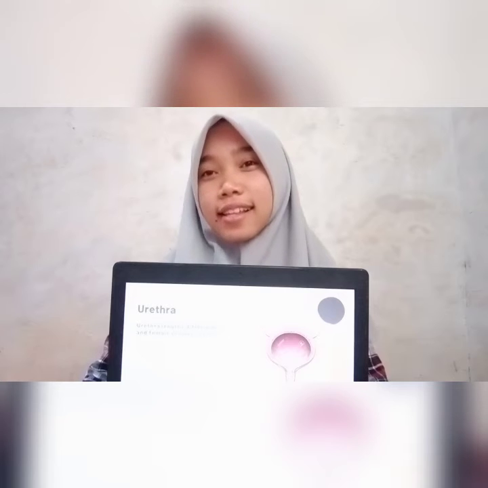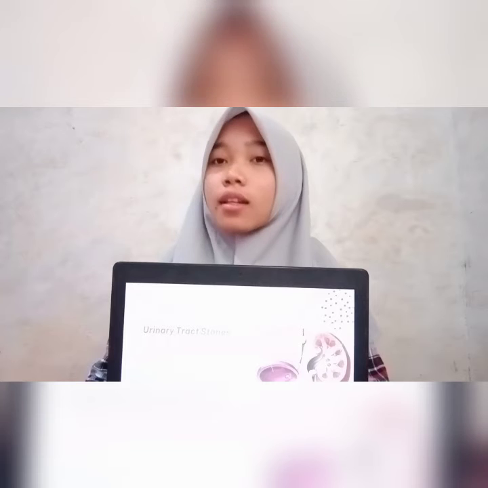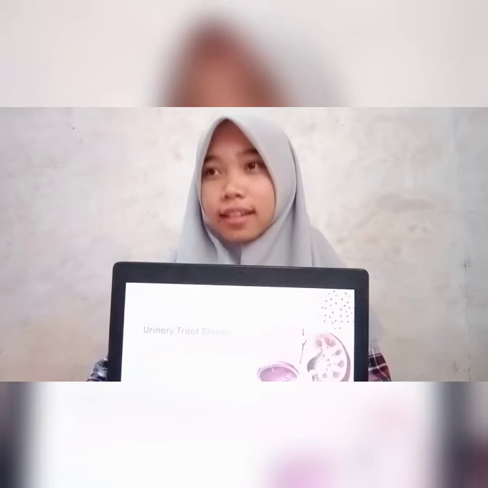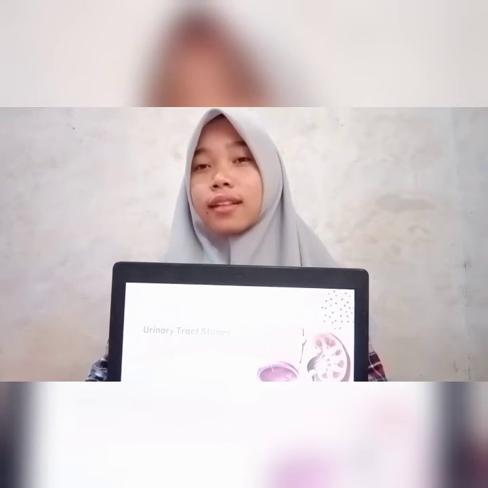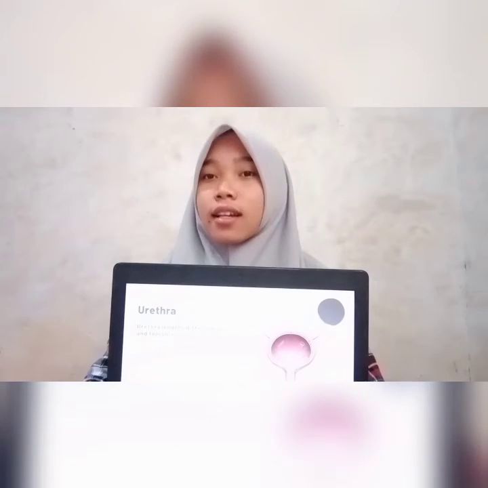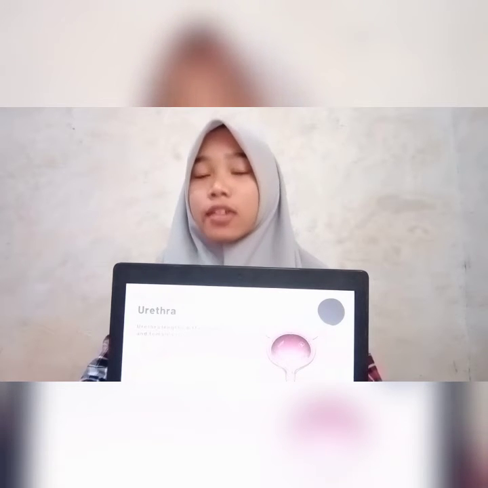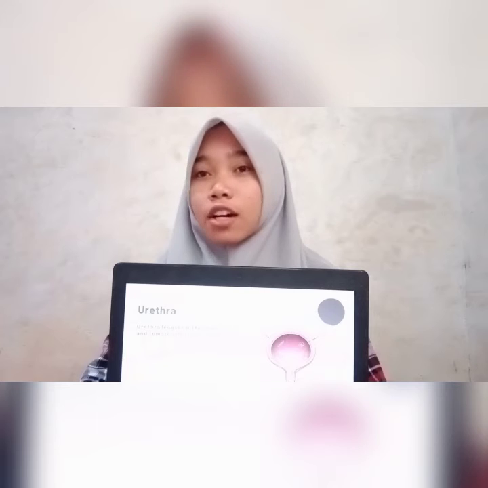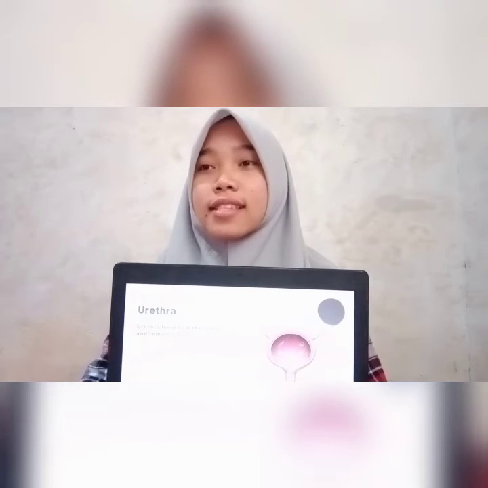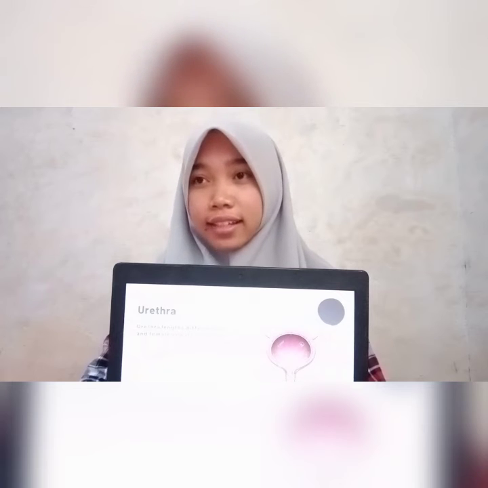And the last is the urethra. Urethra length differs in the male and female urinary system. The comparatively long male urethra that runs from the bottom of the bladder to the external urethral meatus of the penis is approximately 20 cm in length.